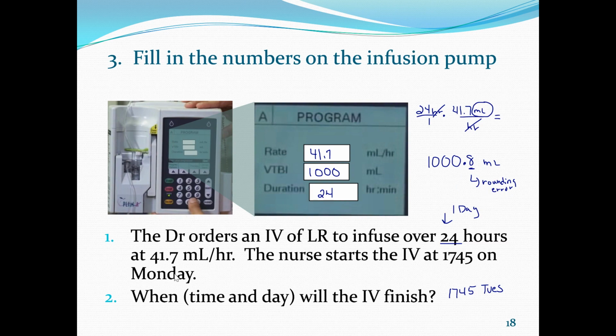Well, we had learned that IV rates are needing to be rounded to the tenths. So my guess is that this, when they did the math, would have been 41.6 repeating, which got rounded up to 41.7. And so when I take that IV rate and I run that for an entire day, a full 24 hours, my math comes up with this extra portion of a milliliter, which is rounding error. And so that's why I went with an answer of 1,000.